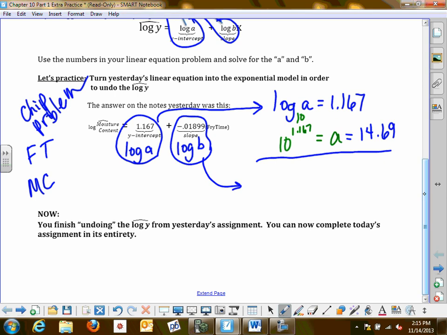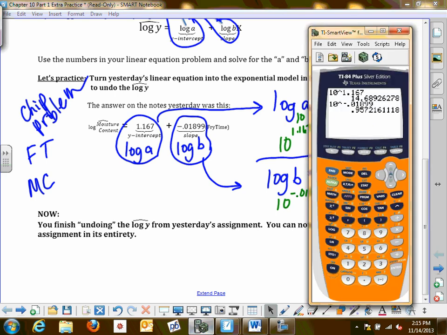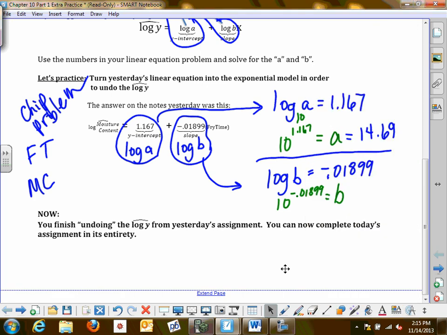So I'm going to go log b equals negative 0.01899, and I'm going to undo the logarithm and make it exponential. 10 to the negative 0.01899 power equals b. So I have to put that in my calculator, and I get 0.957. So the value of b is 0.957.